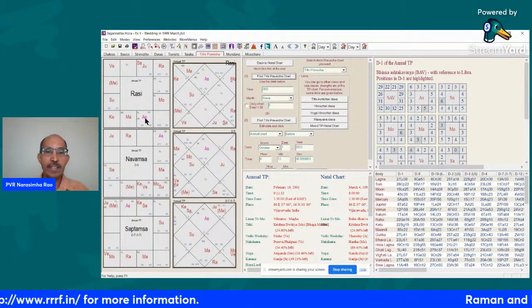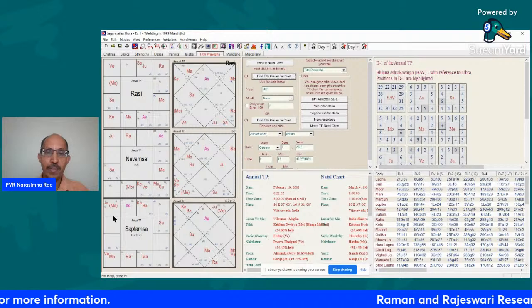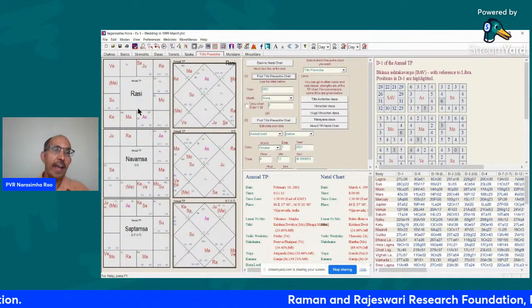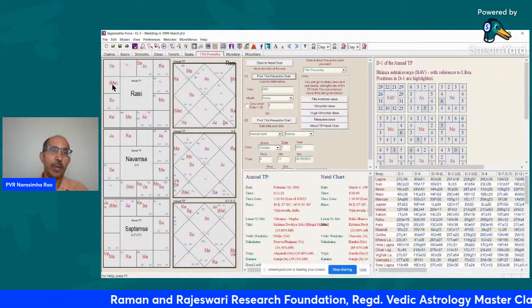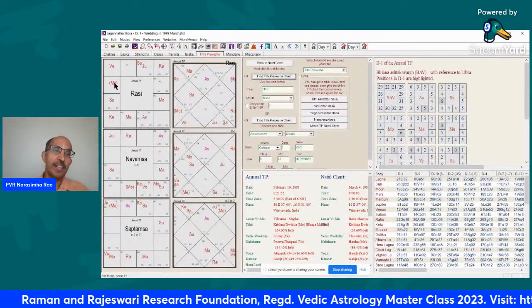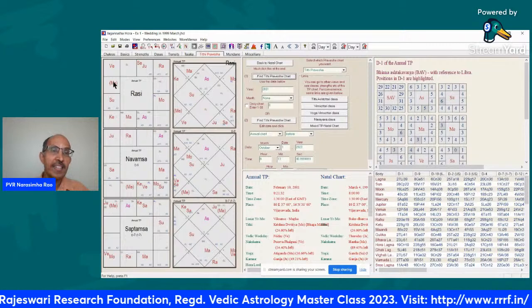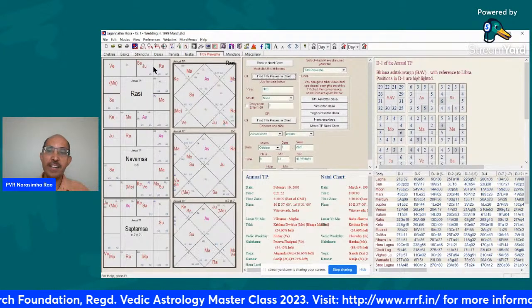If you look at the Tithi Pravesh chart of 2001, it was in February, and the ninth Lord Mercury of fortune and protection is in the fifth house of children. For the fifth house there are two lords, Saturn and Rahu.